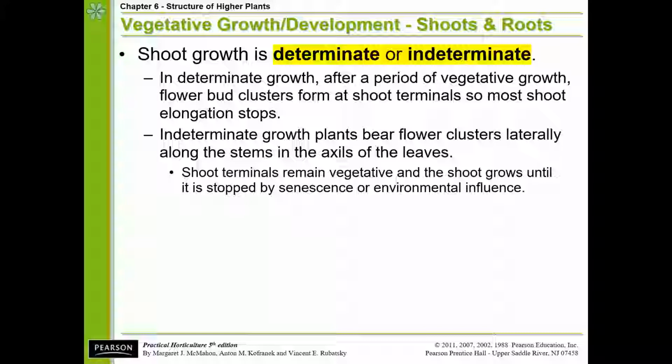It's going to ripen the fruit, and then the plant's going to senesce. So for the determinate plants, there's really a short and very defined growing season for those crops, whereas the indeterminate plants continue to grow throughout the season until they are stopped, often by environmental influence.